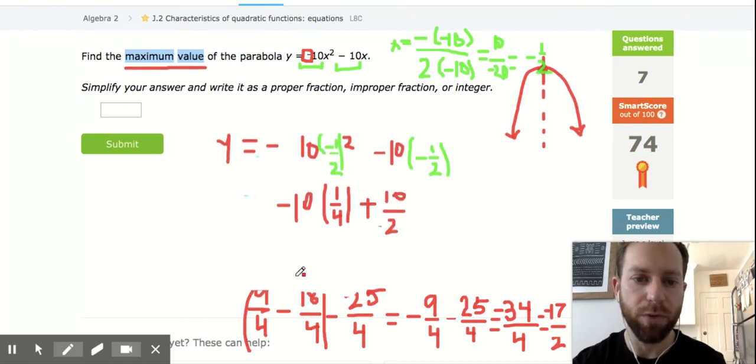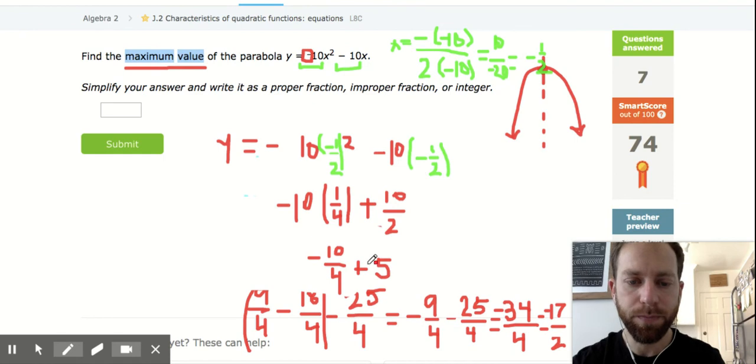So let's go ahead and multiply these and see what we get. This gives us negative 10 over 4 plus, 10 divided by 2 is 5, right? So we have negative 10 over 4 plus 5.